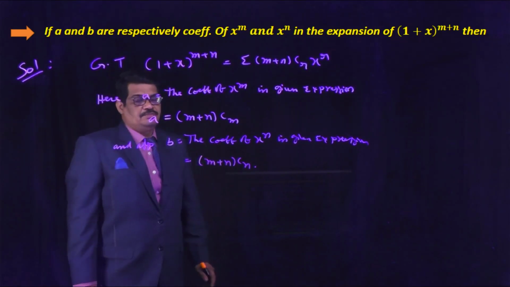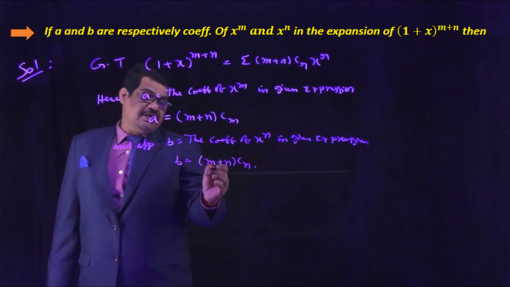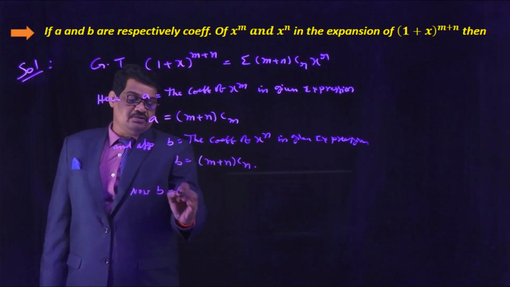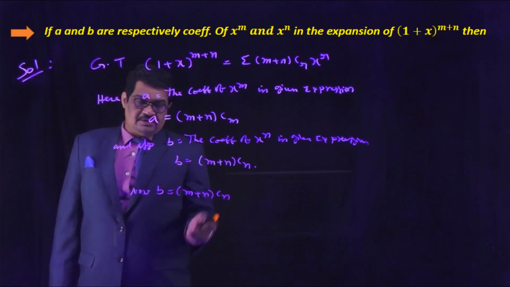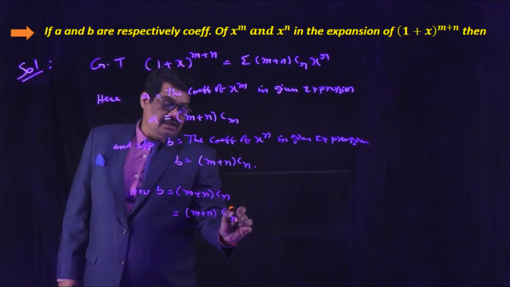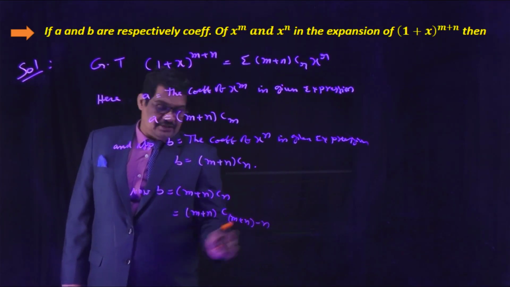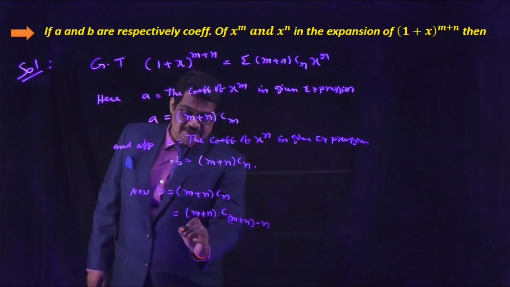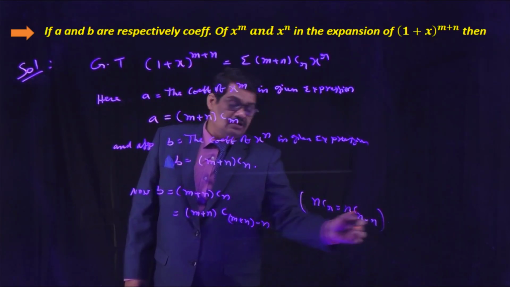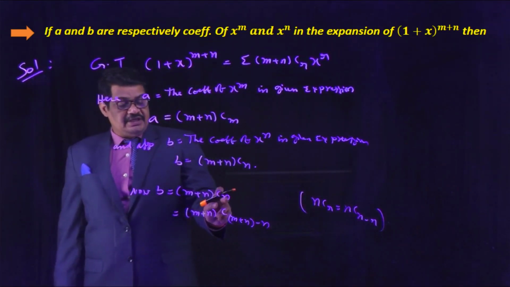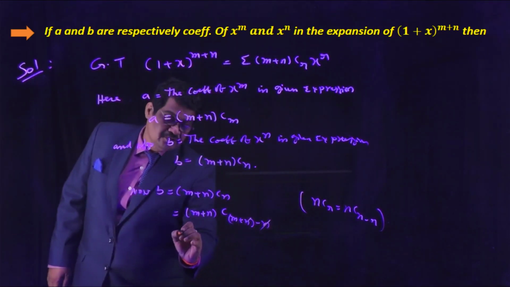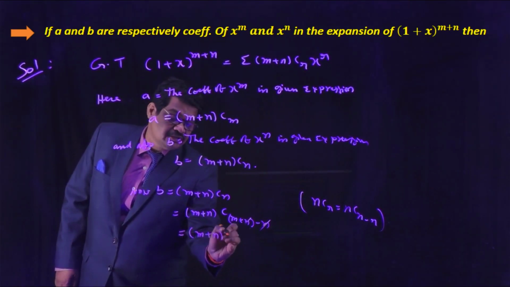So b is m plus n C n. Now this can be written as m plus n C m plus n minus n, since the formula is nCr equal to nC n minus r. Using this formula, m plus n C n can be written as m plus n C m plus n minus n. So here n is cancelled. We get m plus n C m.